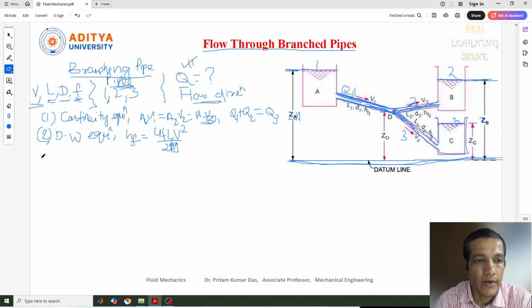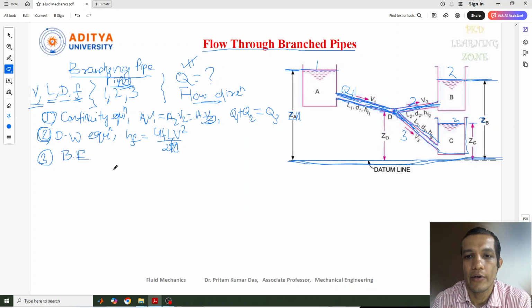Next, the most important equation is Bernoulli's equation. We have studied Bernoulli's equation previously. It will also be helpful for this particular flow when it is flowing through a branched pipe, where a number of pipes are there. Bernoulli's equation is P by rho g plus V square by 2g plus Z equal to constant.